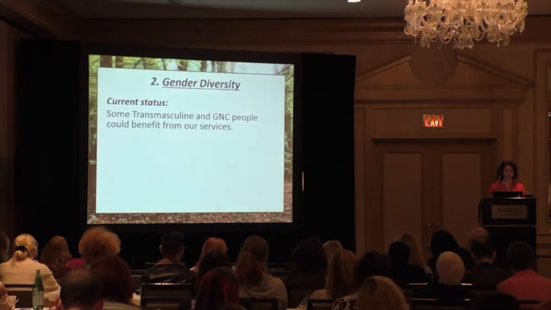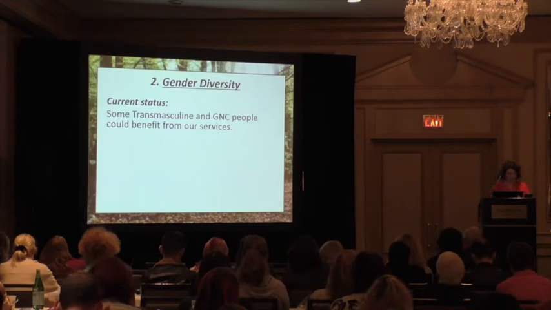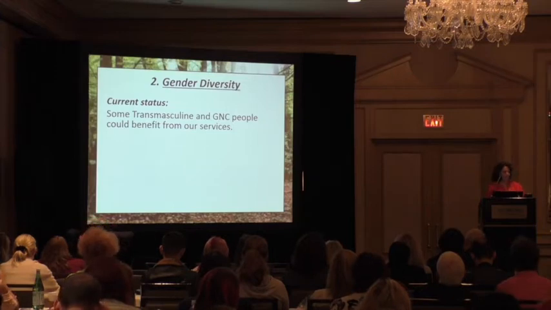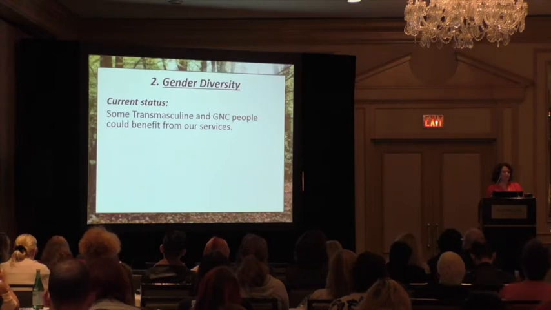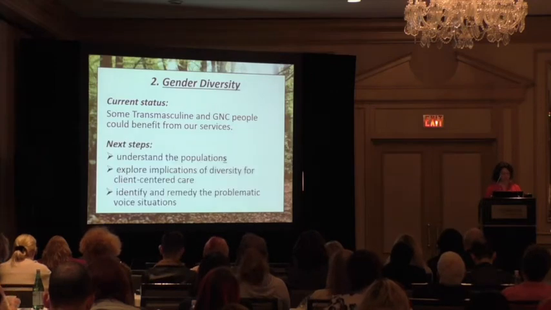to start comparing studies. So to sum up the second area of current perspectives and future directions, I had a very negative way of looking at the current status, but I tried to be half full, glass half full here. Some transmasculine and gender nonconforming people could benefit from our services.